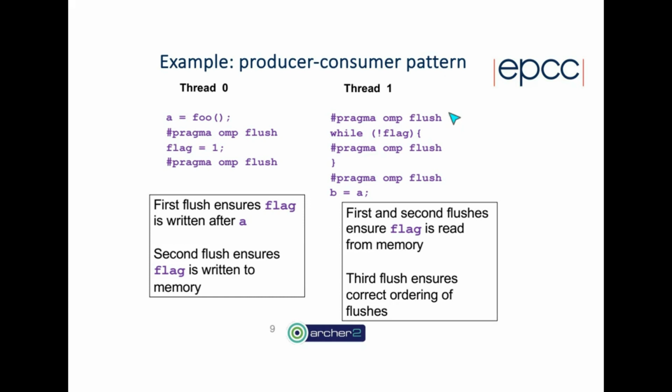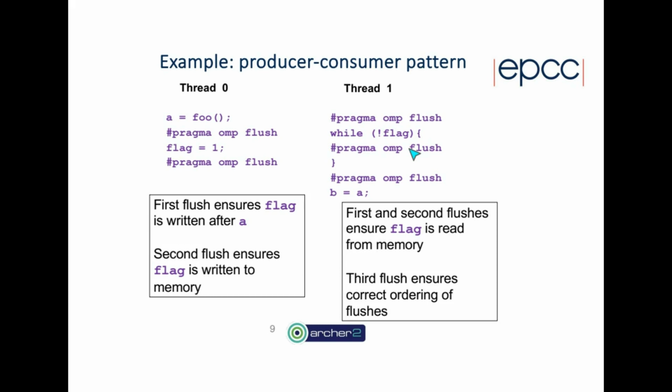On the thread 1 side, these first two flushes are there to guarantee that every time flag is accessed in this test, it's actually being read from memory. This one is for the first access, and this is for all subsequent ones.